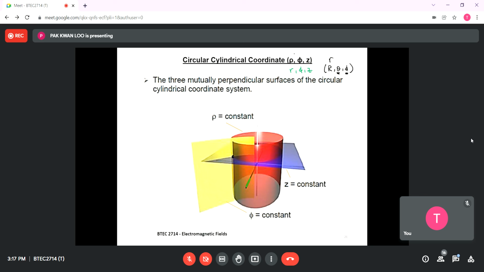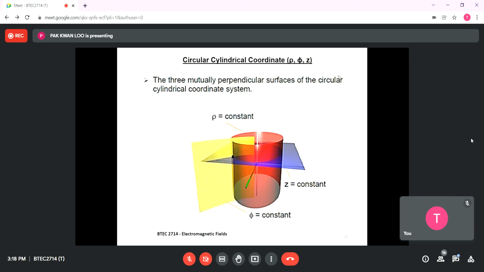Sometimes it is confusing and complicated because of different symbols or different variables being used, but you have to keep in mind that if you know well the cylindrical or spherical coordinate system, the implementation of these variables should not be a problem.